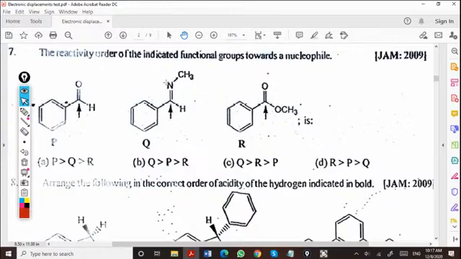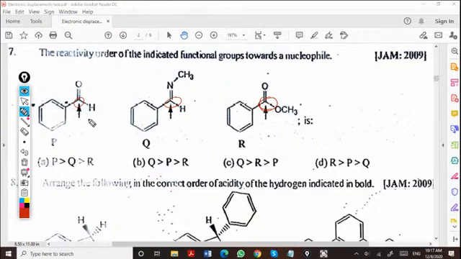Next one. The reactivity order of the indicated functional groups towards a nucleophile. Here the points are the carbonyl carbon. If the carbonyl carbon is attached to a more withdrawing group, then it is going to be more electron deficient, so it will be attacked by the nucleophile faster.